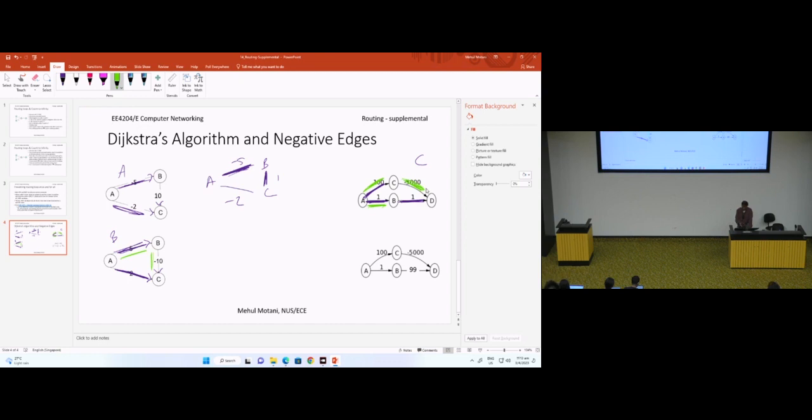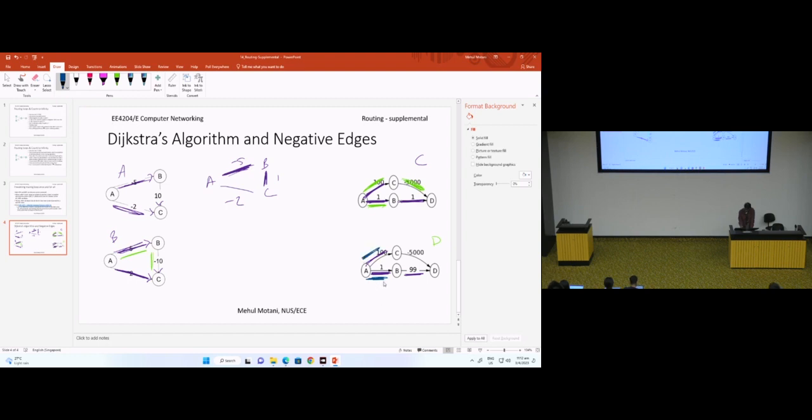So how about in network D? So in network D, the shortest path spanning tree is Dijkstra will choose this. Then I have a choice right now. Yeah, I can flip a coin. If I happen to choose this, then that's what I get. But what if I happen to choose that, and then I choose that?